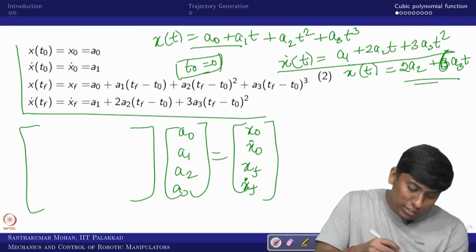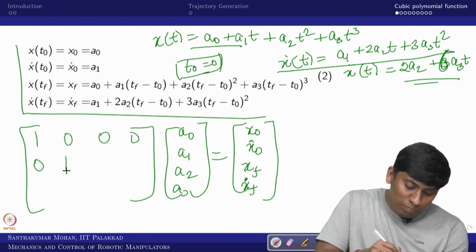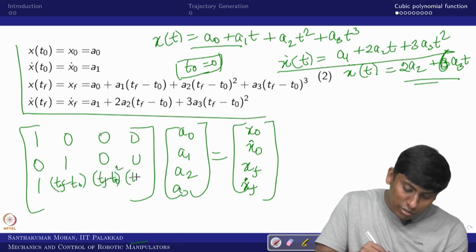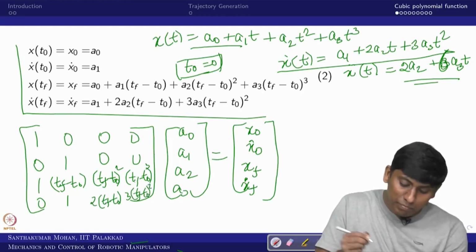You can see the first equation is 1 0 0 0, the second equation 0 1 0 0, the third equation 1, then tf minus t0 and tf minus t0 squared, and tf minus t0 cubed, and the fourth one 0 1 and 2 times tf minus t0, and this is 3 times tf minus t0 squared, right?